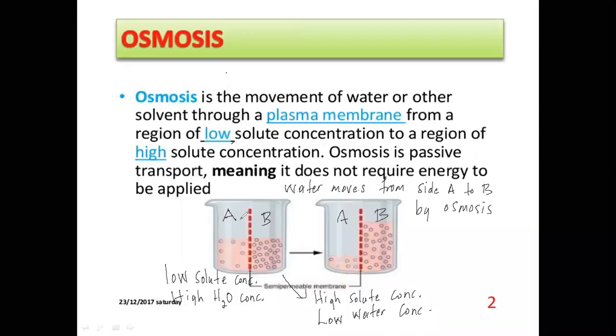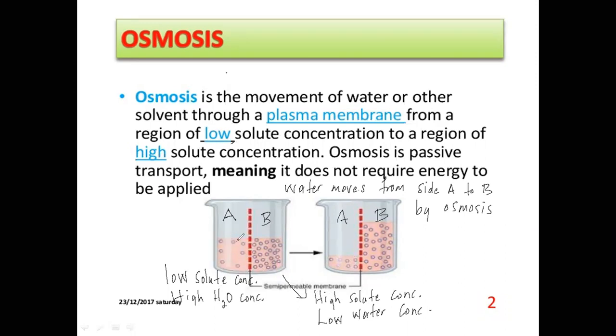In these beakers, we can see that osmosis has occurred. At first, on this side of the semi-permeable membrane, part A, we see that the solute concentration is low, as represented by these circles, and the water concentration is high. On the other side, we have more solute particles, so the solute concentration is high, and that drops the water concentration.